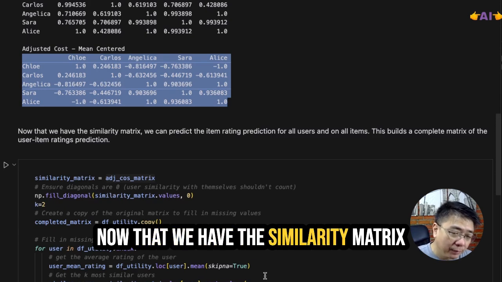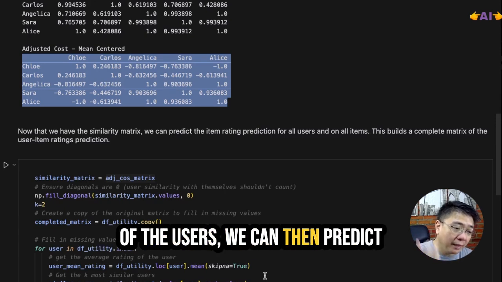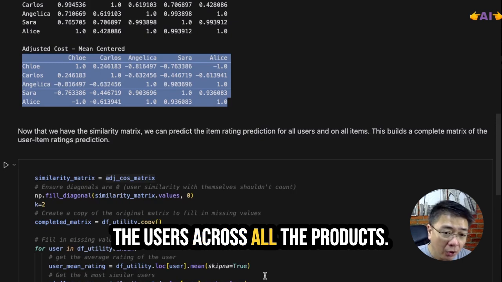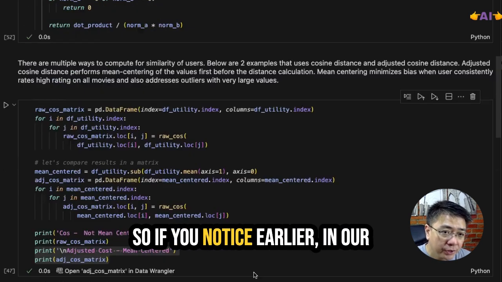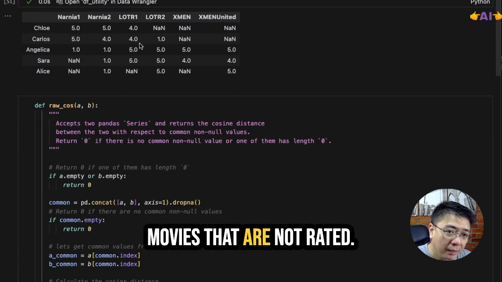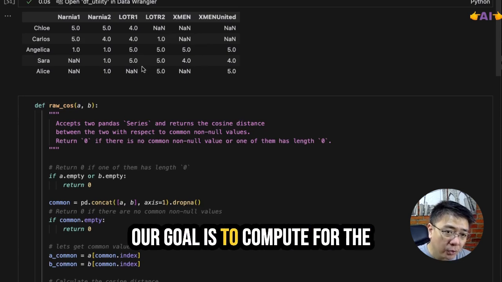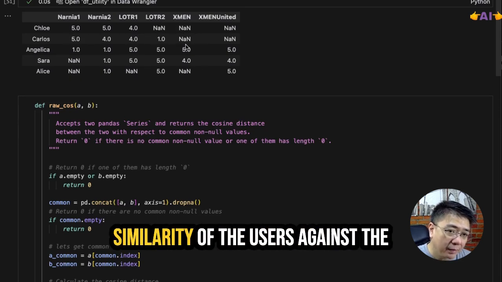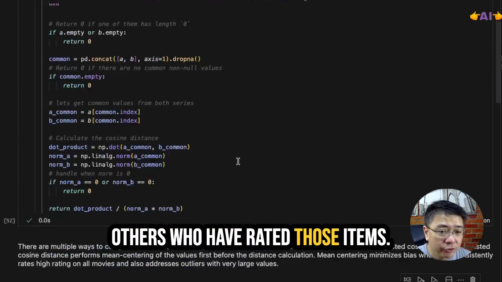Now that we have the similarity matrix of the users, we can then predict the potential rating of the users across all the products. If you notice earlier in our dataset, there are certain movies that are not rated. Our goal is to compute the rating of these movies based on the similarity of the users against the others who have rated those items.